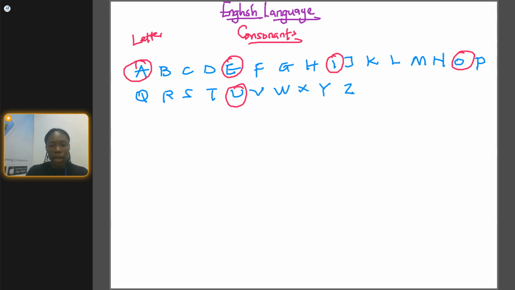That means consonants are 21, because we have 26 letters of the alphabet, and we have five vowel letters. That makes it 21 consonant letters.